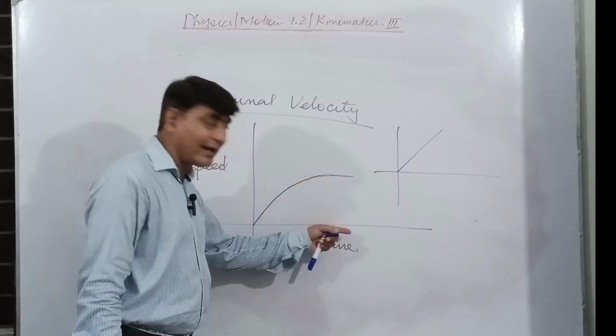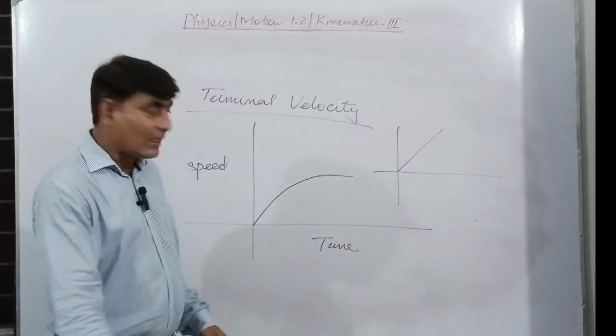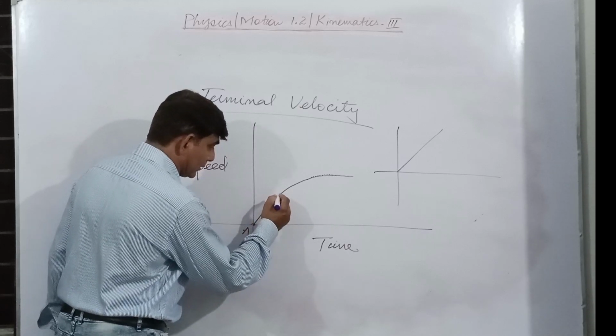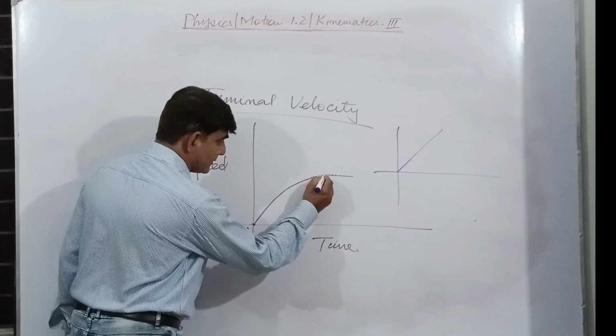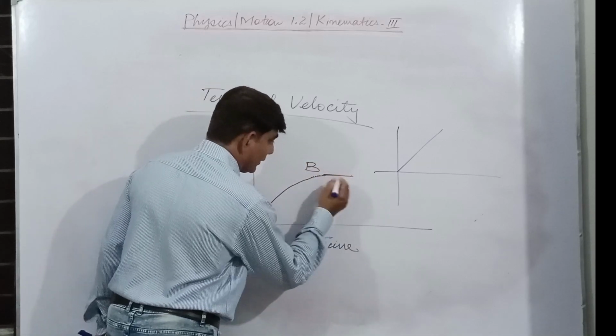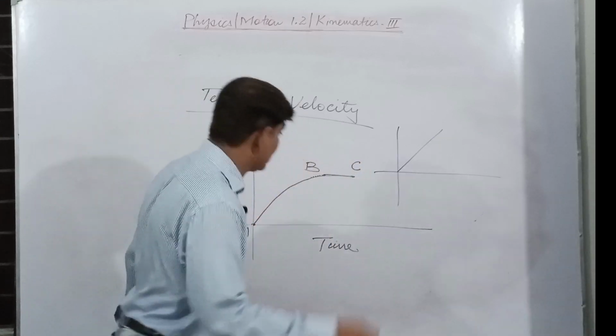If this line becomes parallel to the x-axis, what does it mean? Uniform speed. Over here, listen, this is point A. This point is B. This point is C.